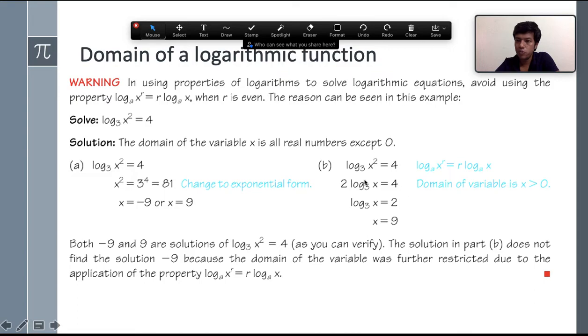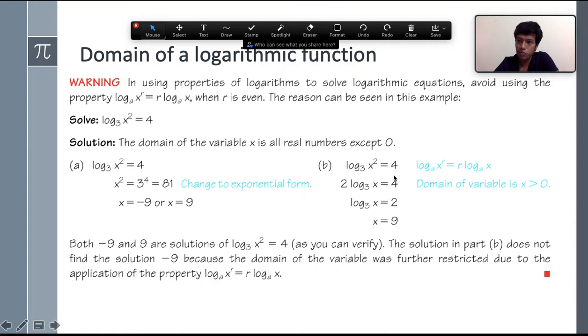So we will have to be a little bit careful when the power is even, because the meaning changes. This is a subtle thing that we have to be careful about. You can say, sir, oh my god, this is tricky. Yeah, that's true.